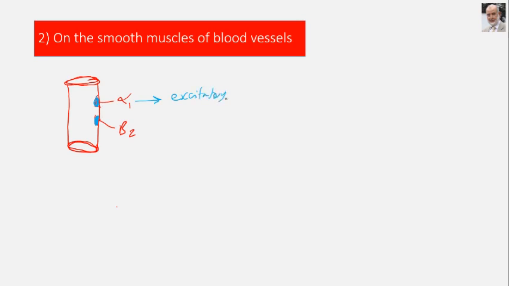Excitatory means that they will increase intracellular calcium, resulting in vasoconstriction. While beta-2 is always inhibitory, and we have said why they are inhibitory, which leads to vasodilatation.